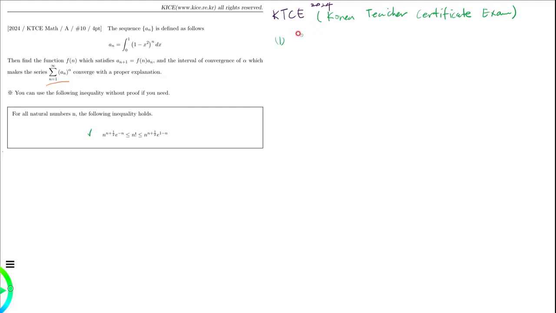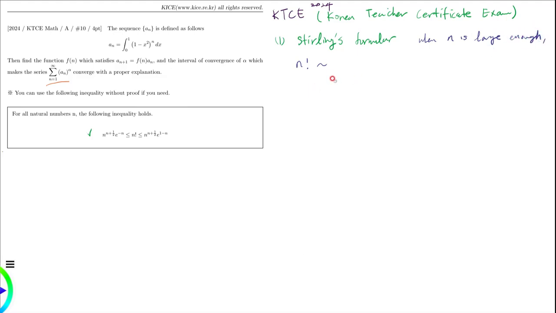This comes from Stirling's formula, which gives us an approximation of the value n factorial when n is large enough.